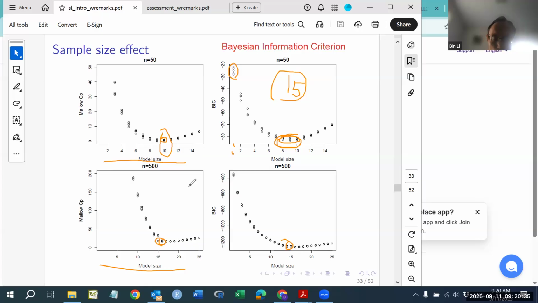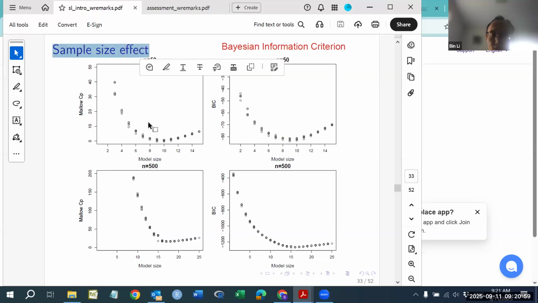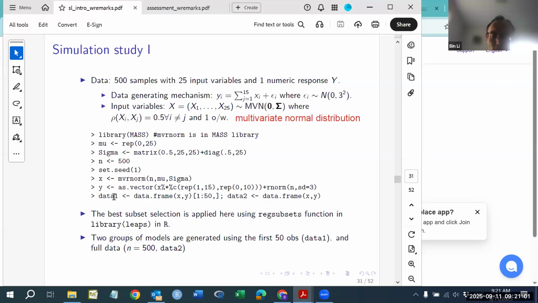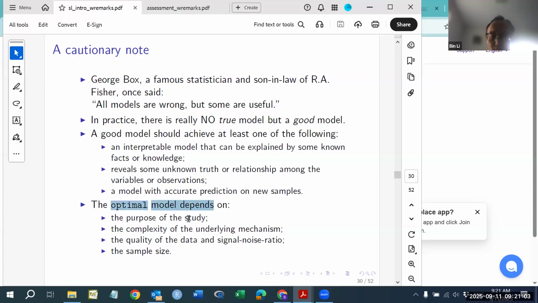But when the sample size is 500, you can see that using Mallows Cp and BIC, we got 15. They both give the optimal model size. So from this simple simulation, you can see the sample size effect. That's what I mean here: the optimal model depends on the sample size also.